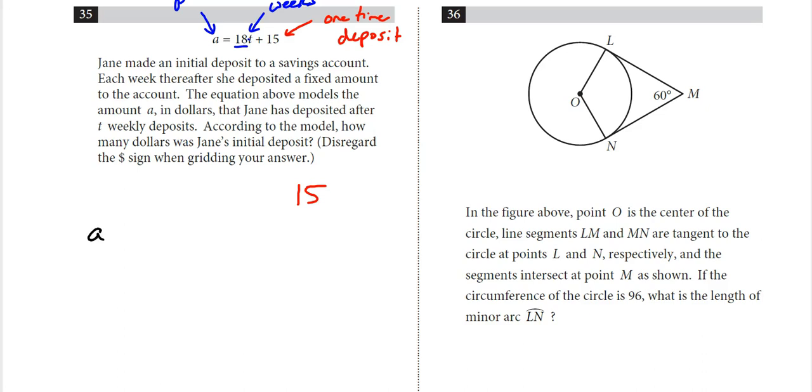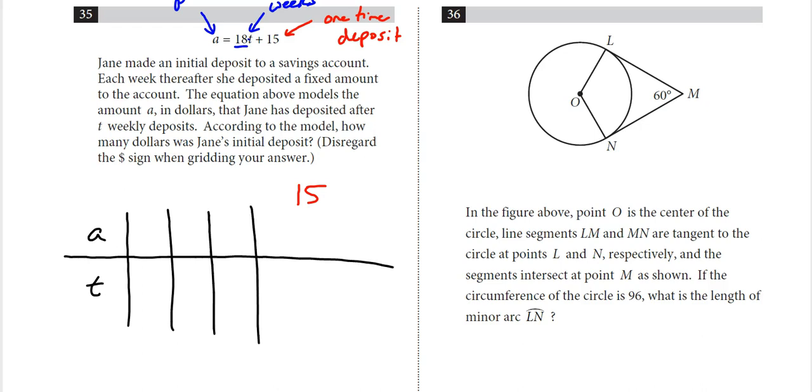You could also think about this as a table. You could look at the amount in the account after t weeks, and we could pick some values just to see what's going on. Sometimes I make a table just to see what's going on. So at 0 weeks, when I plug 0 into that equation, 18 times 0 plus 15, well, that comes out to be 15 bucks.